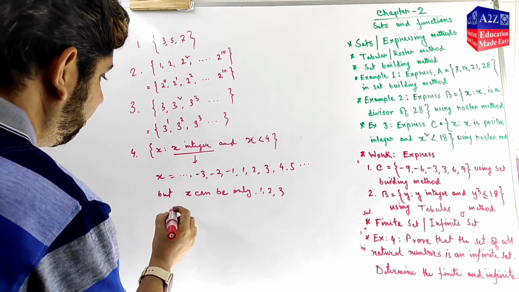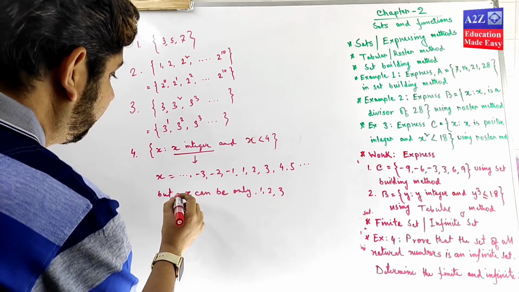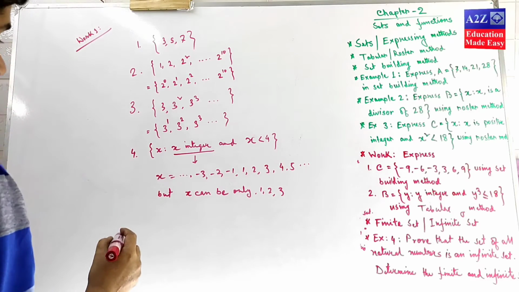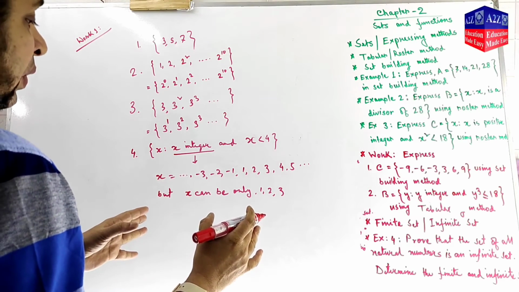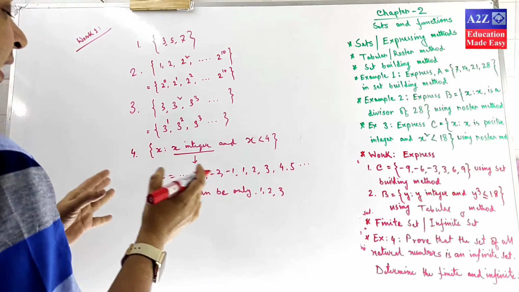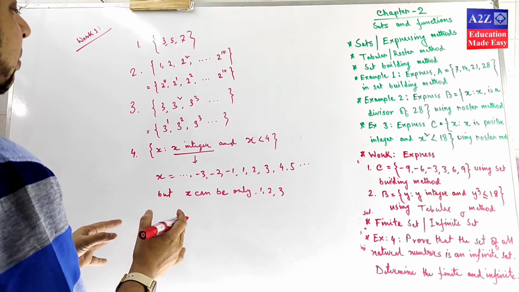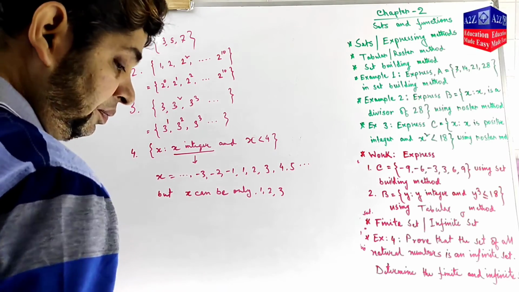Finally the items will be all the negative integers, and from the positive side only 1, 2 and 3. That means on the positive side we have a limited number of items, but on the negative side there is no limit. Ultimately it will be an infinite set.